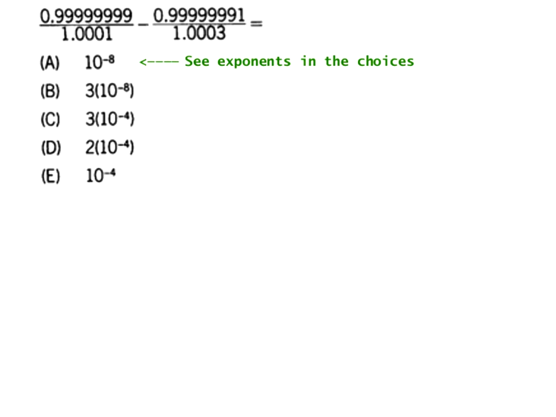And so you might think to yourself, how can I get exponents in the original expression, which is currently not in terms of exponents? Well, okay, 0.9999999 is 1 minus that.